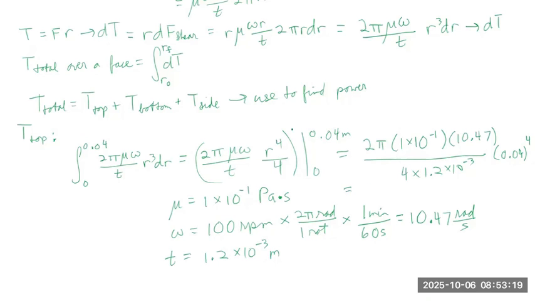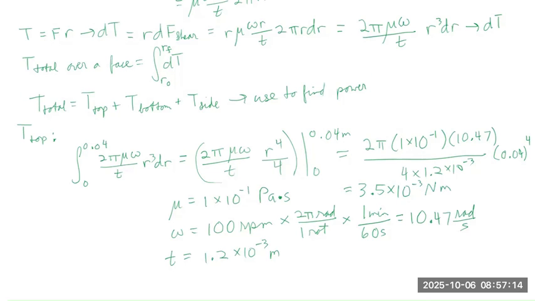Calculating this, we get that the torque over the top section is 3.5 times 10 to the negative 3, I believe, Newton meter.